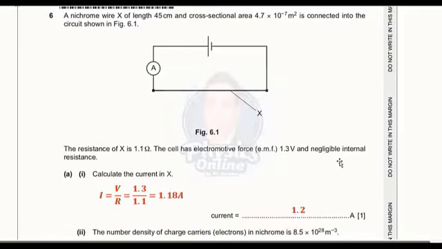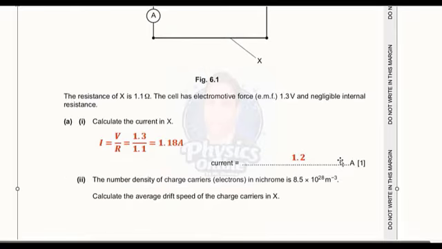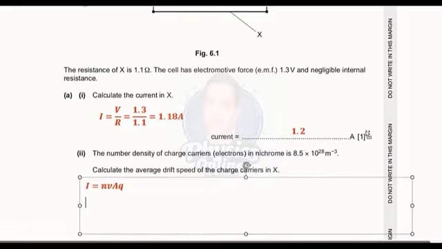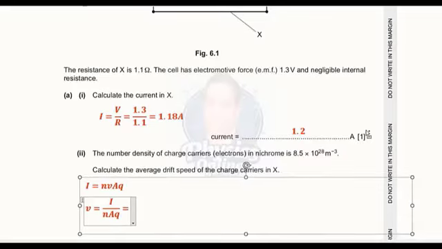The number density of the charge carrier electrons in the nichrome is 8.5 times 10 power 28 per meter cubed. Calculate the average drift speed of the charge carriers in X. Here is the equation: the average drift speed v equals I over n A e.